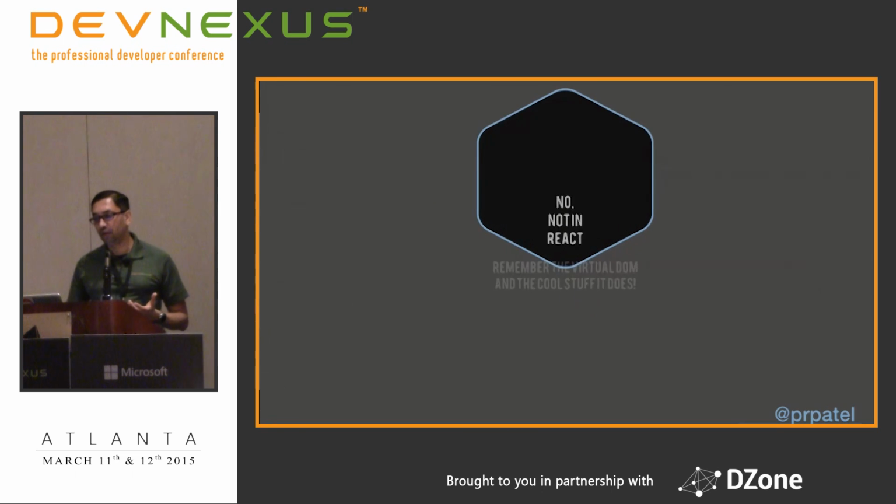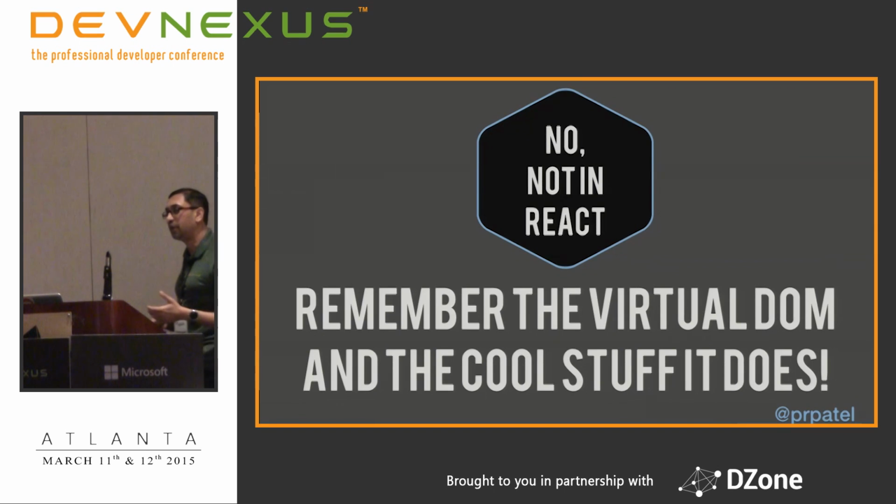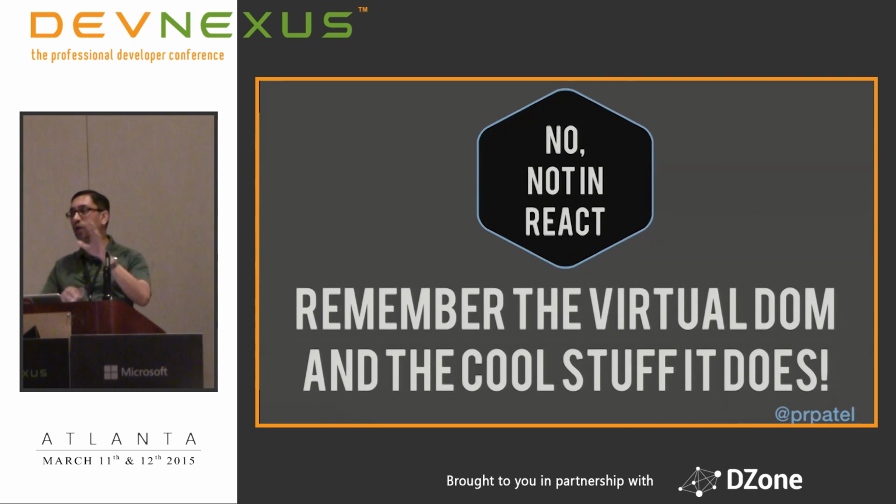In actuality, remember, the virtual DOM handles the diffing and the mirroring of the underlying DOM for you. And in JavaScript, constructing objects and doing the whole virtual DOM rendering of the new state is really, really fast. You use a little bit of memory, but it's not slow at all. The virtual DOM handles all that for you.